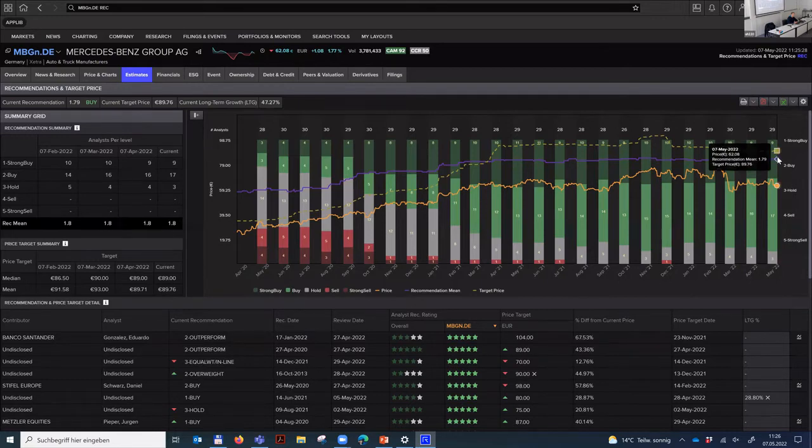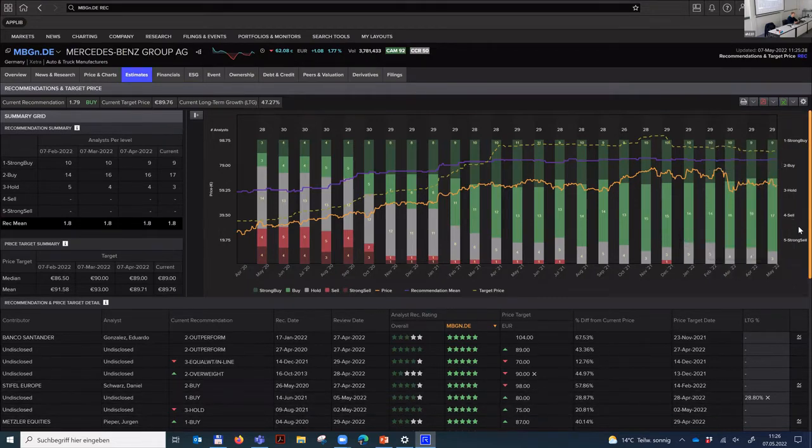The current target price is 89, and the current price is 62, meaning that there is some room. This is the average of all analysts covering Mercedes-Benz Cars, based obviously upon the fundamental analysis that they are doing.